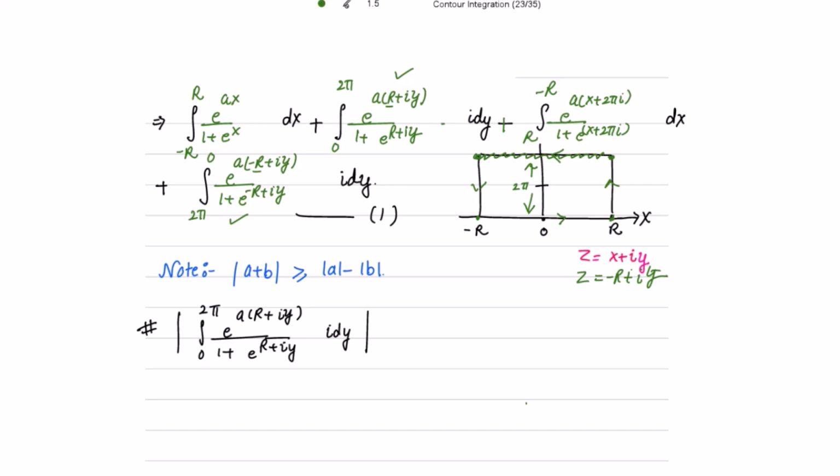Please note here I will use this inequality, which is mod of a plus b is greater than or equal to mod a minus mod b. And if you take the reciprocal, the sign will change to less than or equal to. So I will be using this inequality here. Okay, so the mod of the first integral is less than or equal to the mod of the integral from 0 to 2 pi.